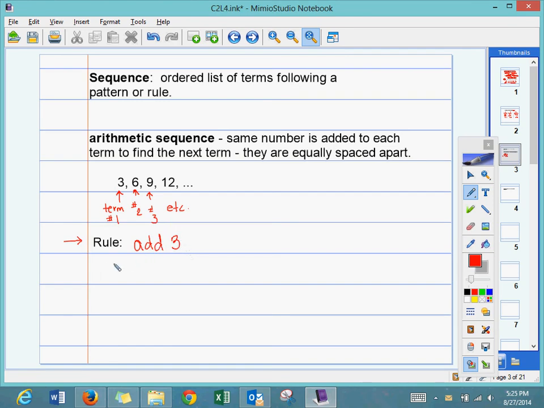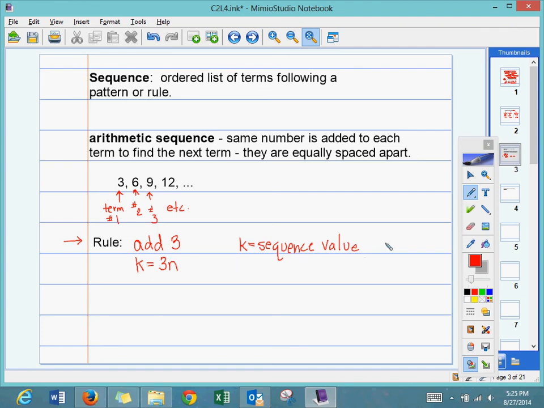And then I can also write an equation. The equation will be k equals 3n. Now I didn't add in here, did I? But repeated addition is shown as multiplication. And now you're probably wondering, what is k and what is n and how did that happen? Well, k is the sequence value.